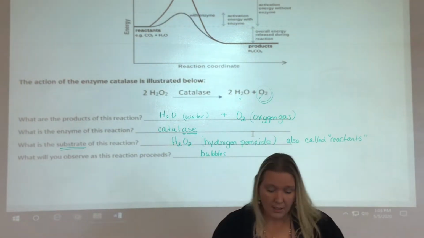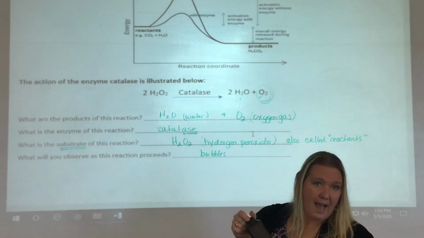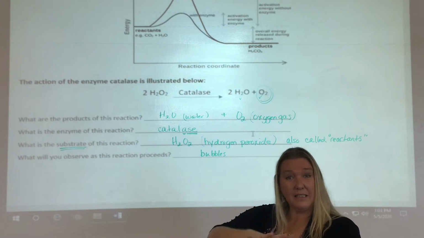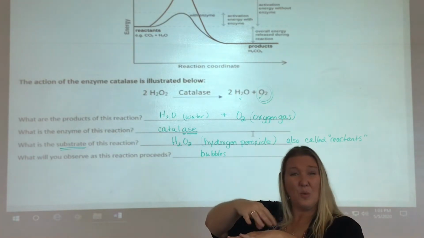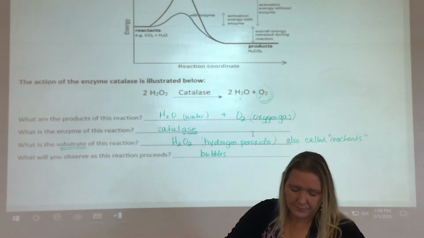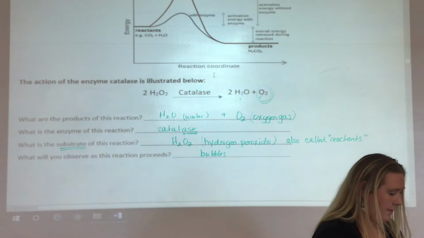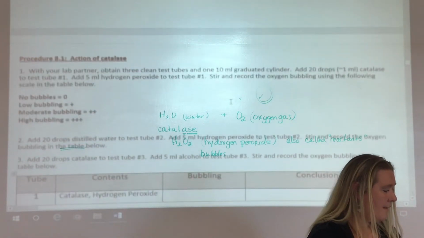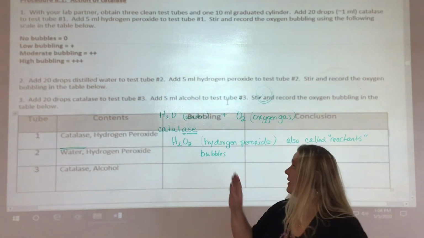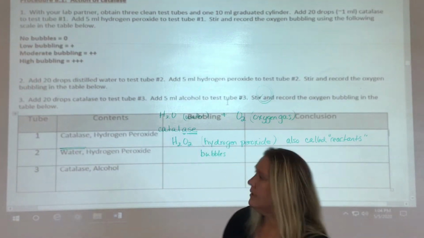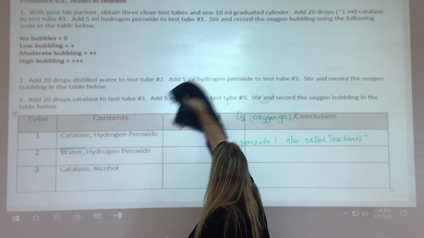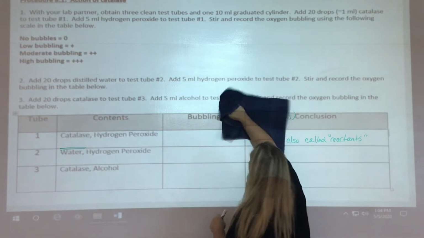If I just open this bottle and look in, I'm not seeing that. But if you were using it as a disinfectant to clean something, you're going to see those white bubbles. That's the oxygen gas releasing. All right, so let's move on down. I'll erase that. The first procedure is 8.1, and we're going to look at this reaction, and we're going to test to make sure our enzyme works.